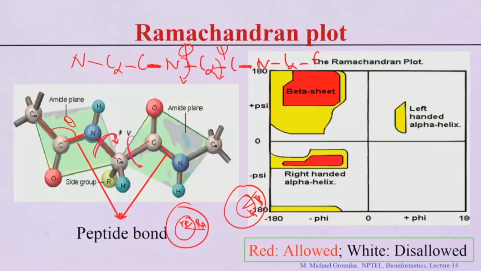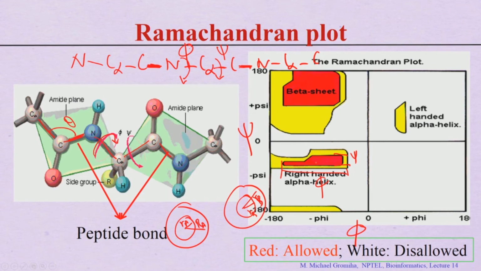So, they found the range for the phi angle and the range for the psi angle. You put the x axis as phi and the y axis as psi, and this is the region where they can accommodate these residues in an alpha helical conformation without any steric clashes.